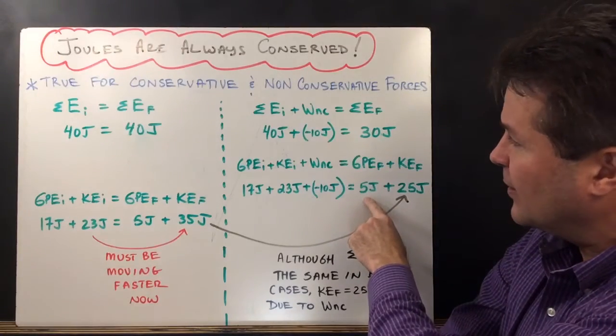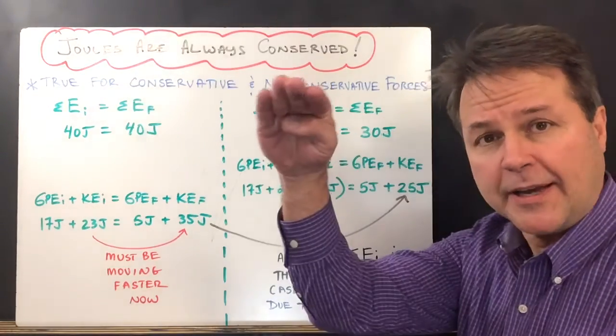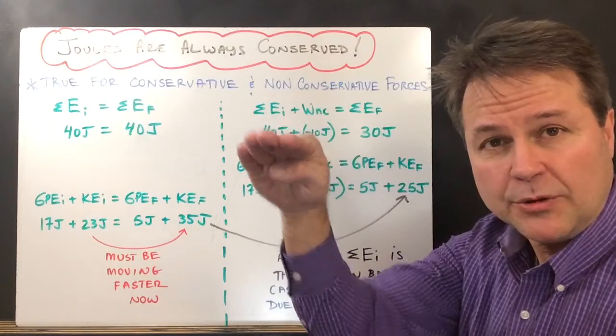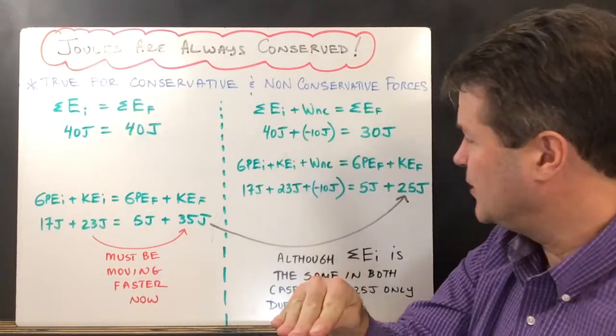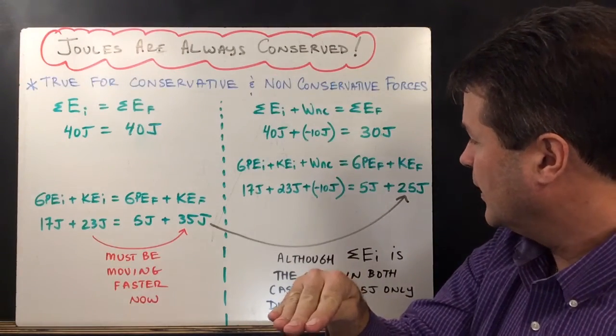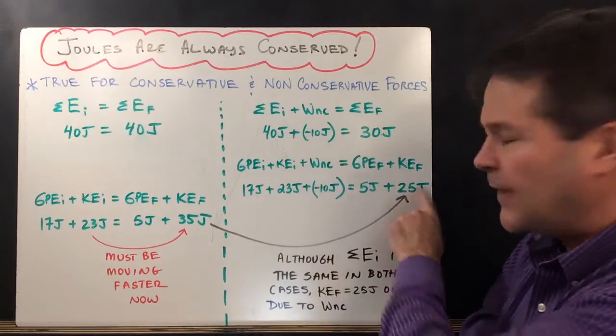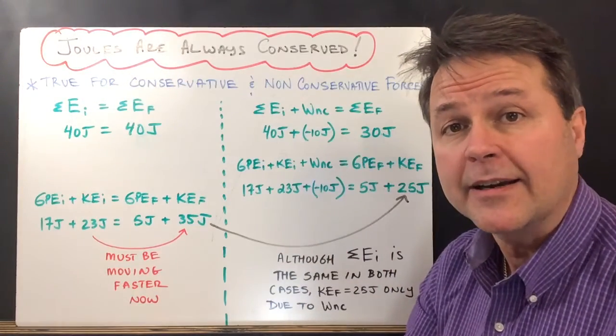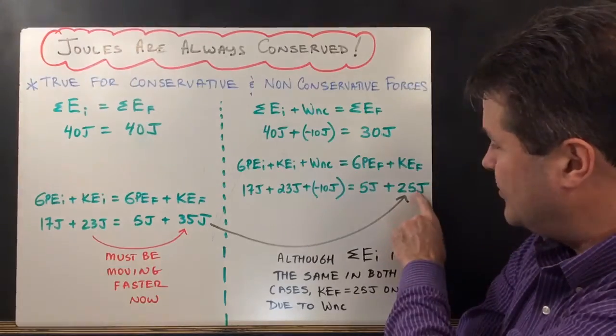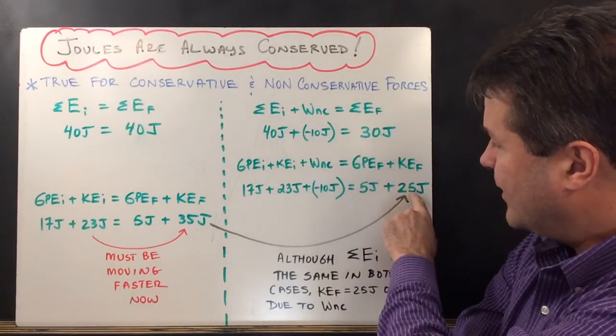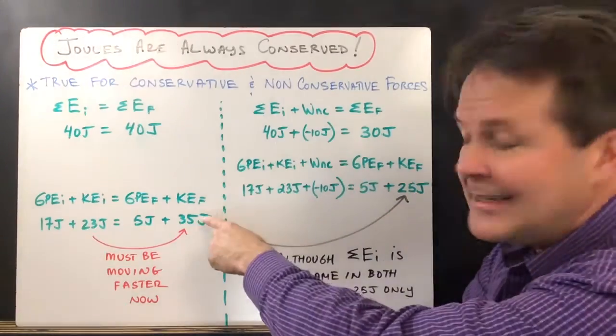So what happens? Well, we went from this height, which gave us 17 joules, to that height, which gave us 5 joules, which means that we only have 25 joules of energy left over for kinetic, which means that this object, in this scenario, is moving slower than in the previous scenario.